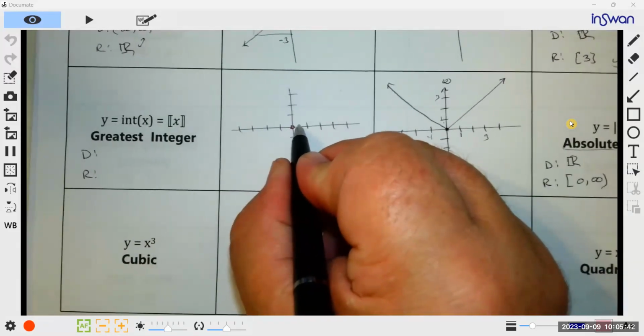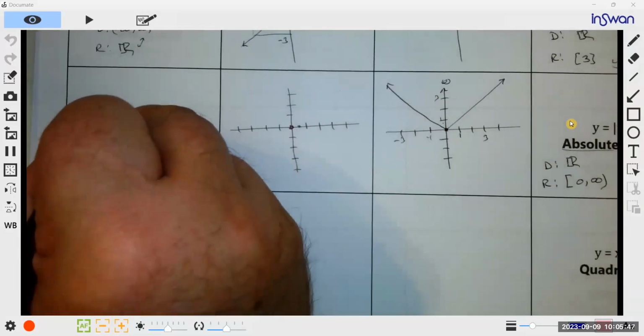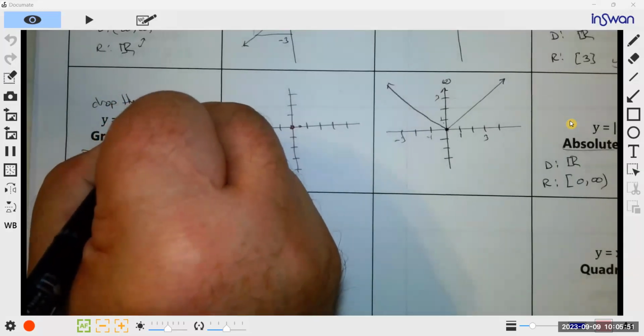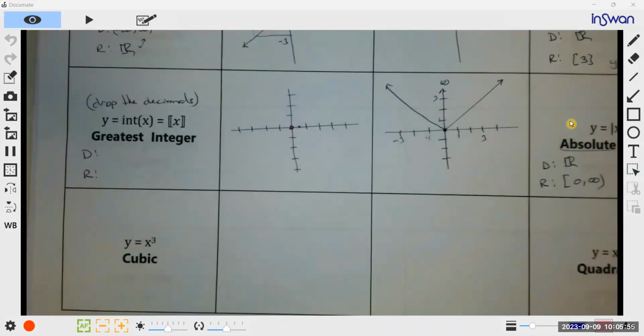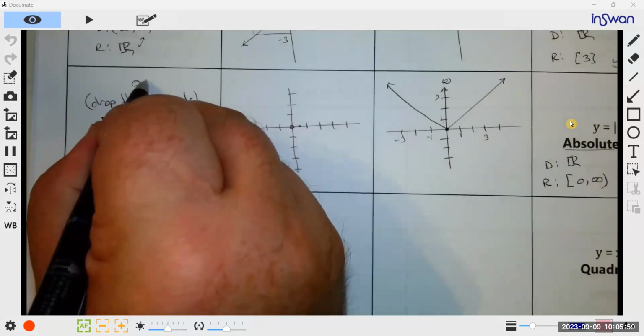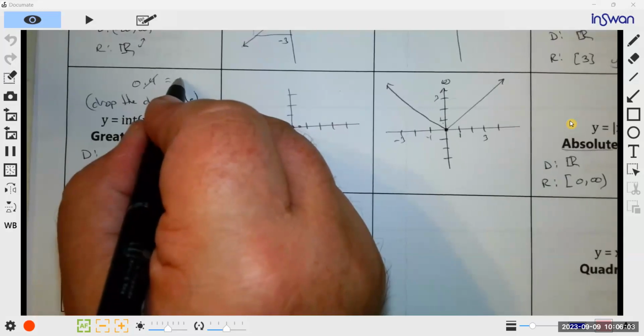If you put 0.5, it becomes 0. So basically, drop the decimals. It's called truncating. If you have a number like 0.4, just drop anything decimal and it's a 0.